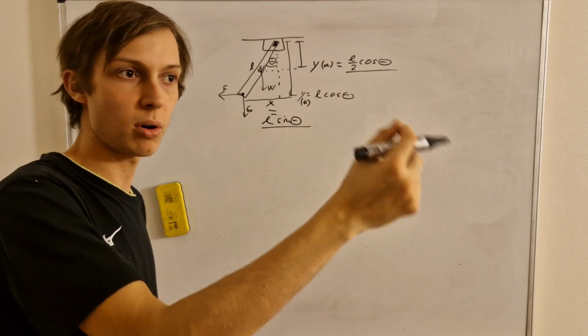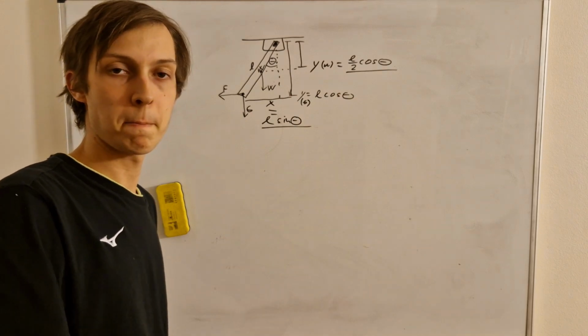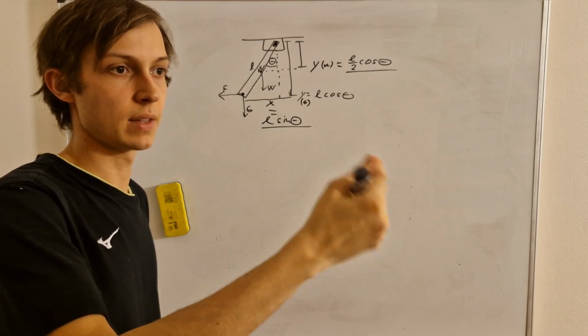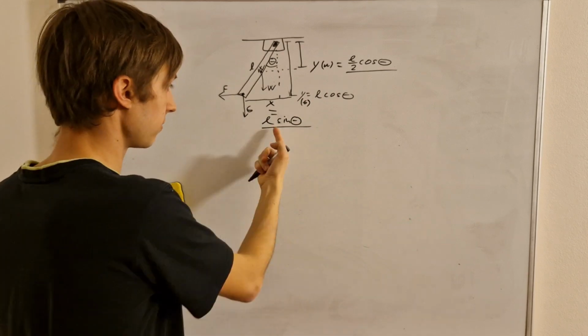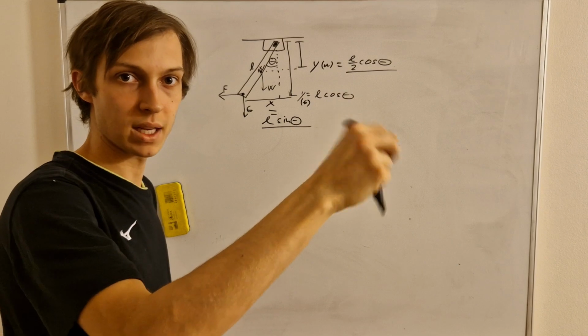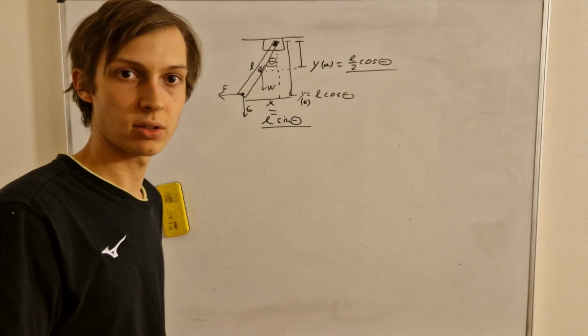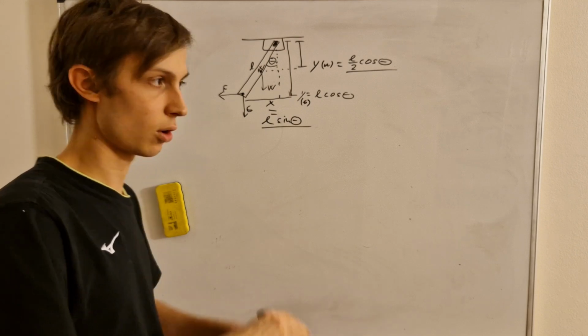We're going to look at the small change, or the differential of this with respect to the angle change, and then we're going to put it in the context of the whole work.